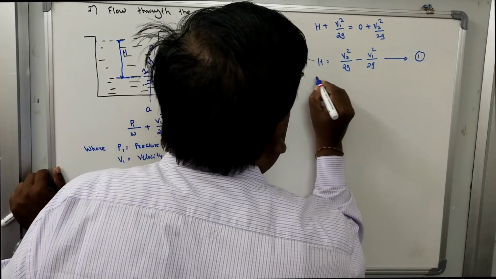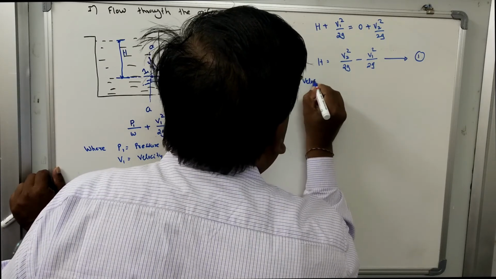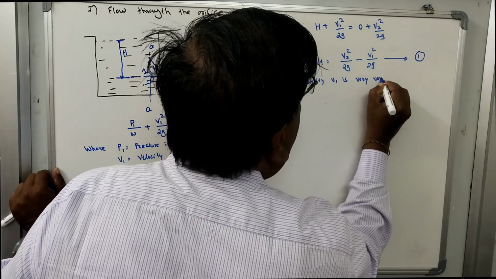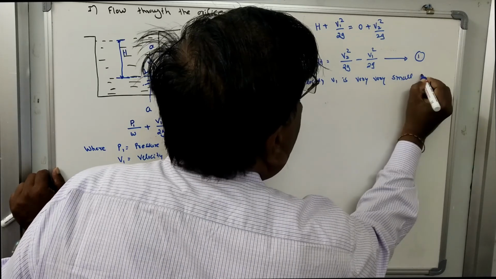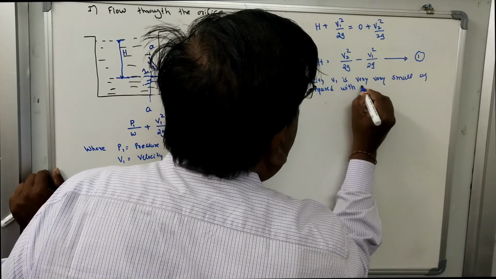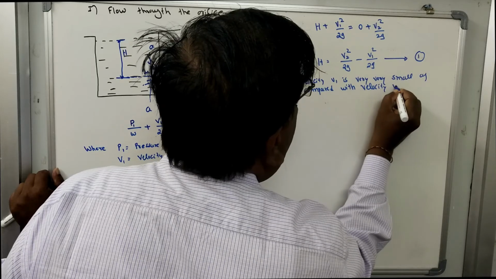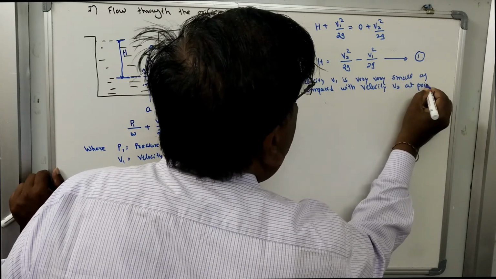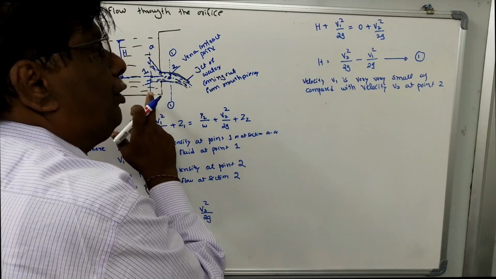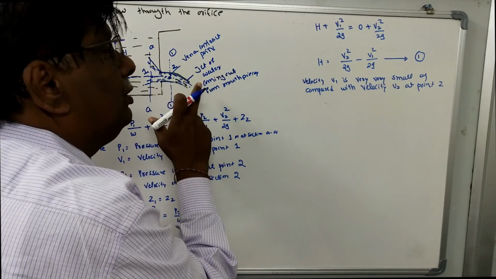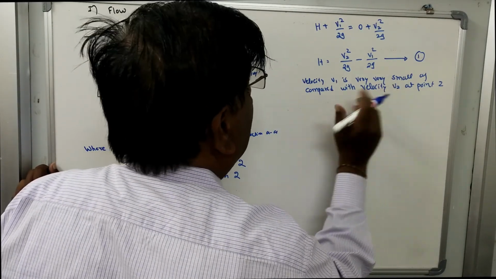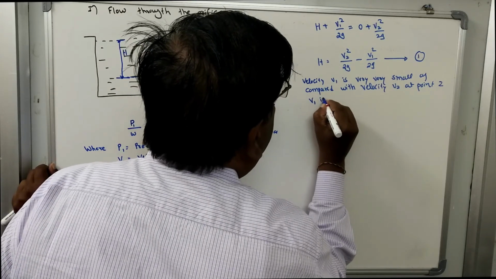Velocity V1 at point 1 is very, very small compared with velocity V2 at point 2, so V1 is to be neglected.